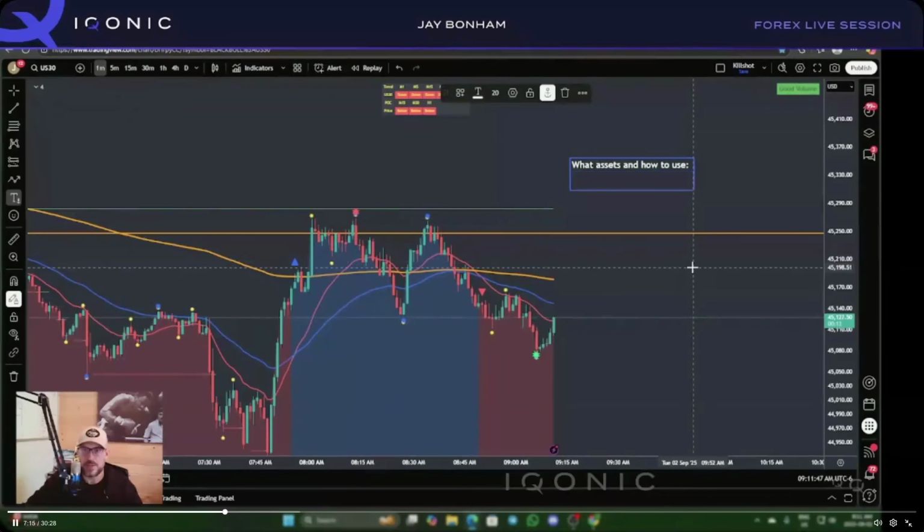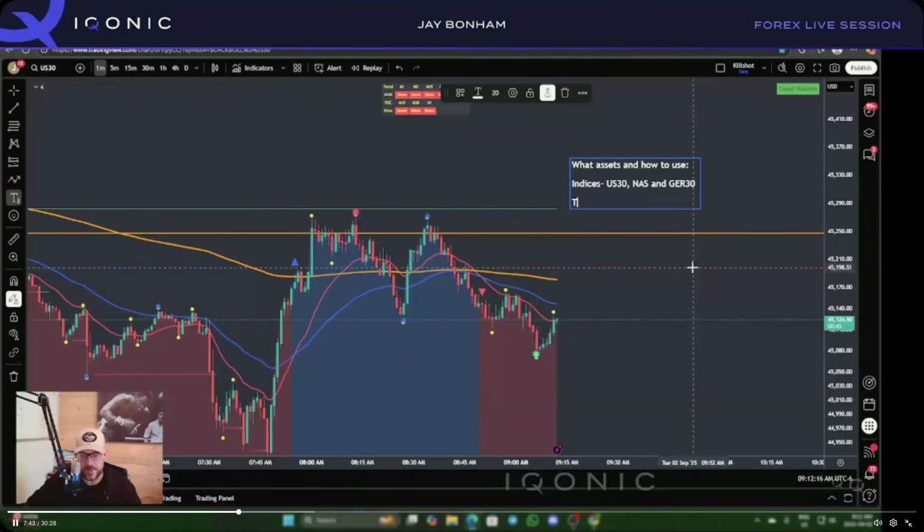Okay, so first we're going to do indices. This is going to include US 30, NAS, and JUR 30. How we like to use these is with time frames.